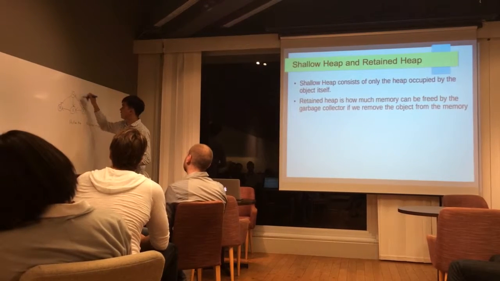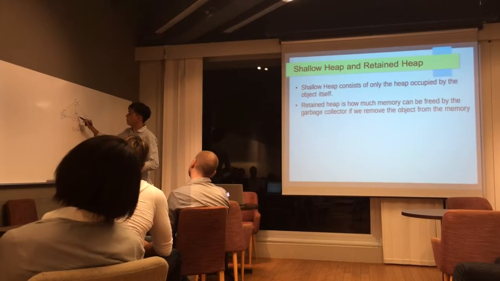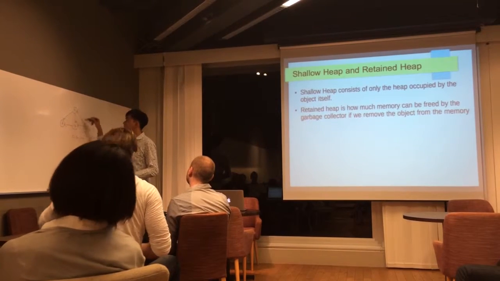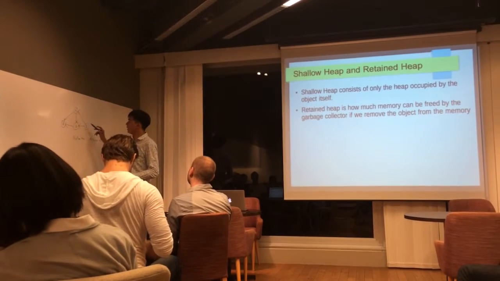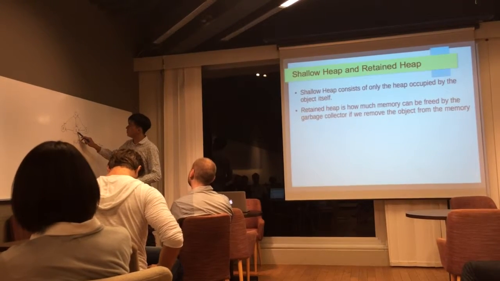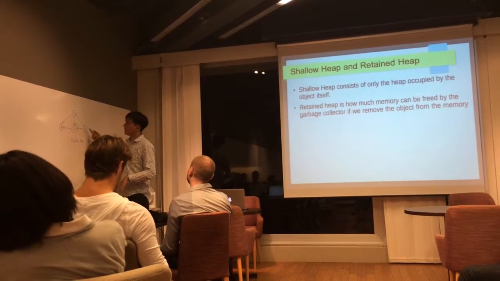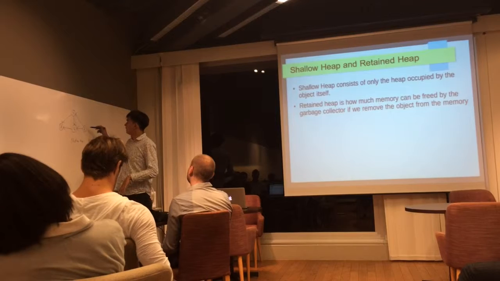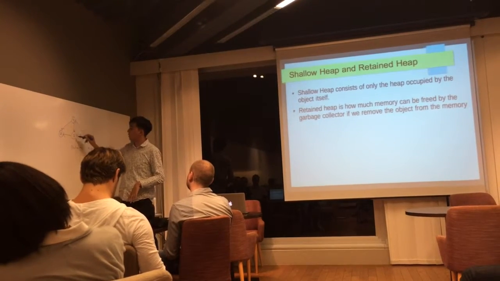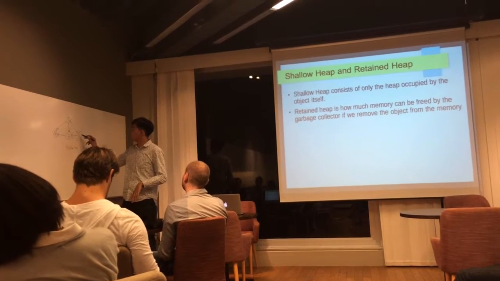So the retained heap of number 3 is only 3, because it doesn't hold any reference to another object. Four is only 4. Two is also 2, because if we release 2, the 4 can still be accessed through 3. But if we release 1, all of this will be released. So the retained heap of 1 is 1, 2, 3, 4.